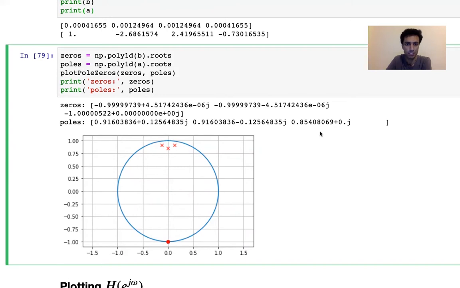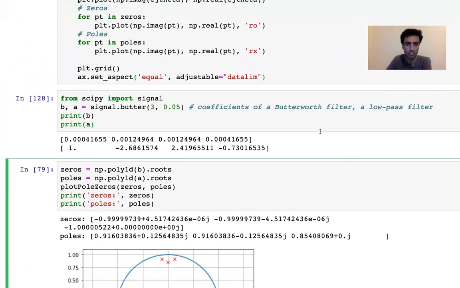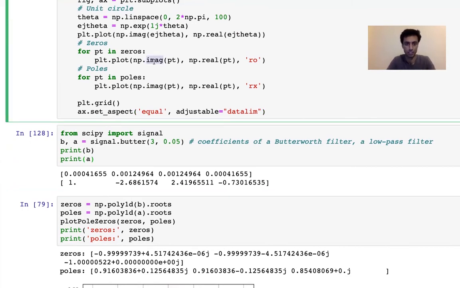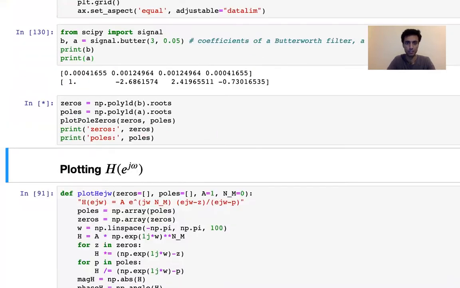Is there some mistake here? Looks like it. This should be real, and this should be imaginary, right? X-axis is the real part, and y-axis is the imaginary part.